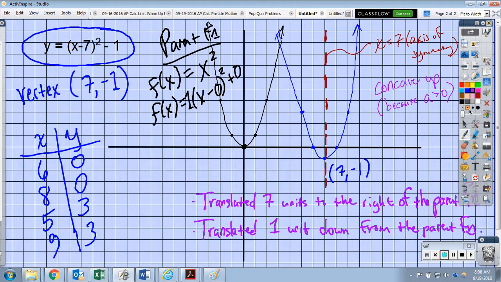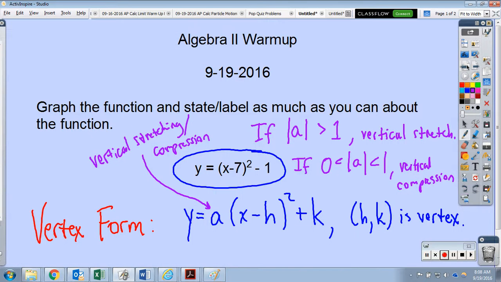And is there any vertical stretching or compression or any reflections in the x-axis? Vertical stretching, compression? No, right? Because the absolute value of A doesn't fit either one of these. It's not greater than 1. It's not between 0 and 1. It is 1.